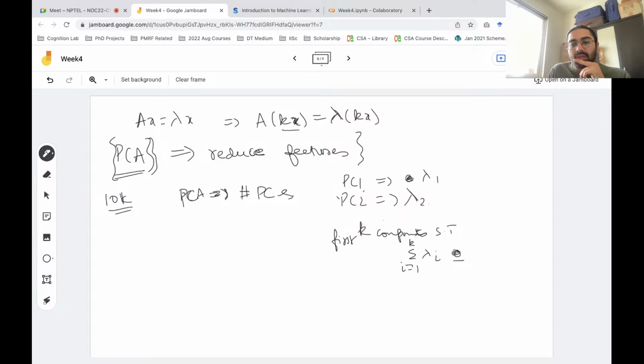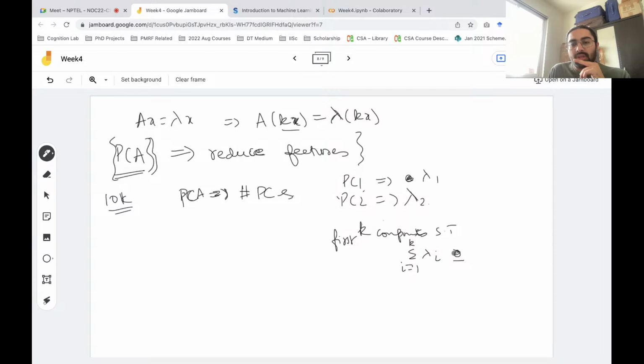For example, let's say 80% or 90% or whatever. 90% seems better. So I'll keep on choosing principal components based on how much variance they explain.